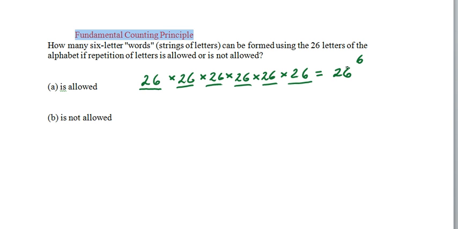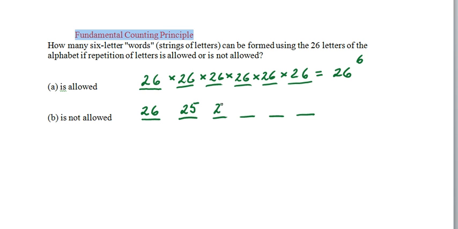Now, if repetition is not allowed, there still are six sub-events, but this time it's only the first sub-event that can occur 26 ways. When we choose the second letter, we only can choose from 25.